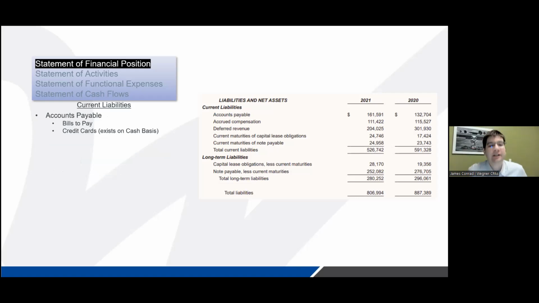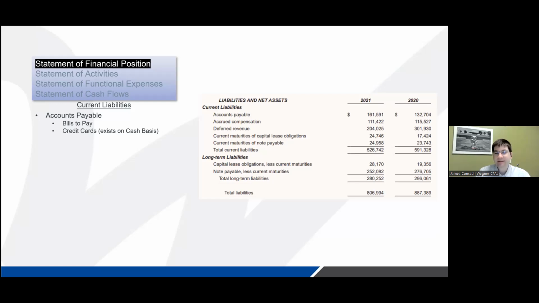So looking at your current liabilities, we're going to start off with just accounts payable, much like accounts receivable. If you received product from a vendor, you owe that vendor some money, some cash to pay for it, and that's where this is stored. So it's bills to pay. This is your everyday operations. One wrinkle that some people miss is credit cards.